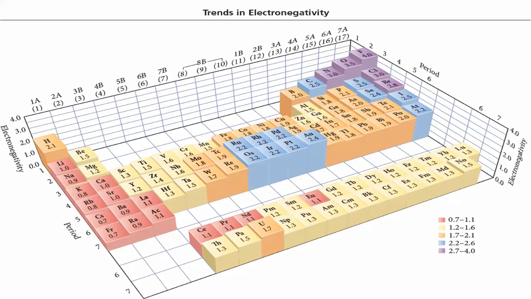Here you can see clearly what the value is, and which one is greater and which one is smaller. The picture clearly implies that the maximum electronegativity of 4 is for fluorine, and I guess the least is for francium.